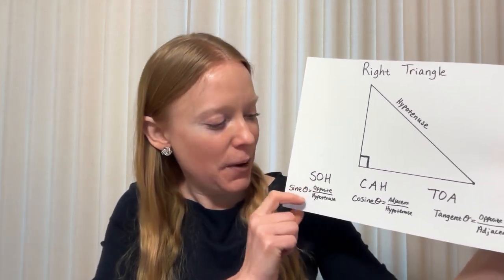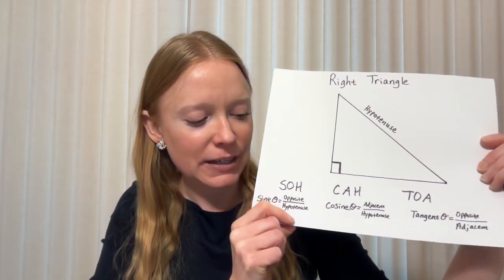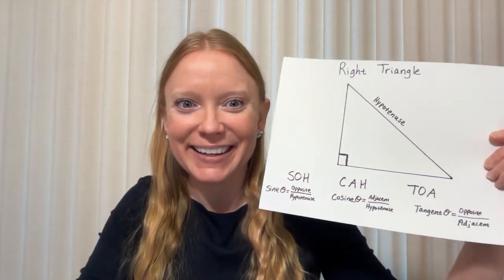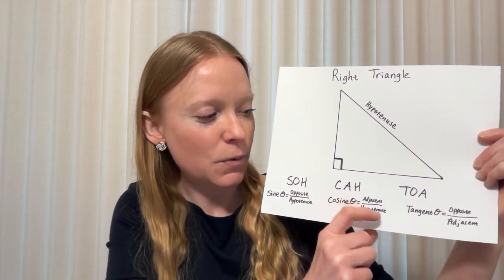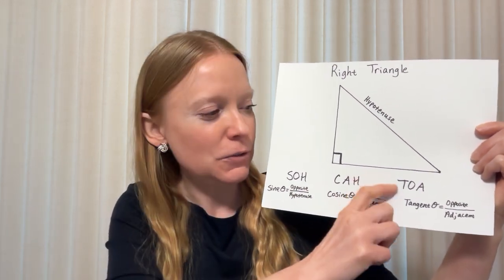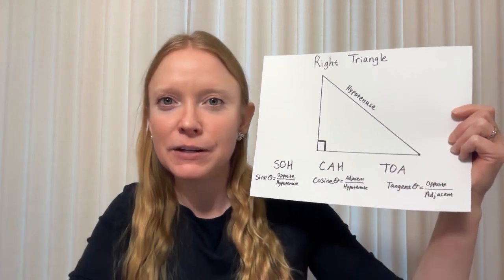These trigonometric ratios are found on chart page 16.1. SOH for SO stands for sine with opposite over hypotenuse. CAH, C-A-H, cosine of theta equals adjacent over hypotenuse. TOA, tangent of the angle theta equals opposite over adjacent.